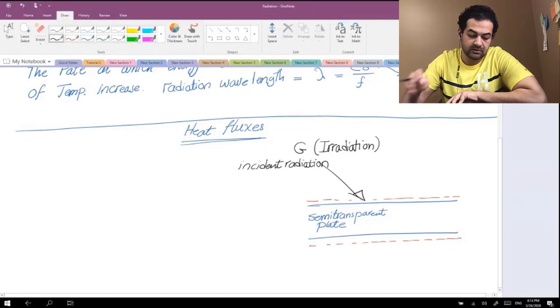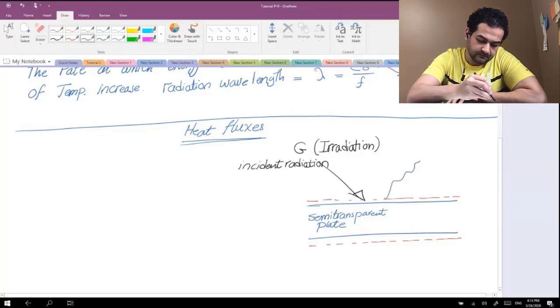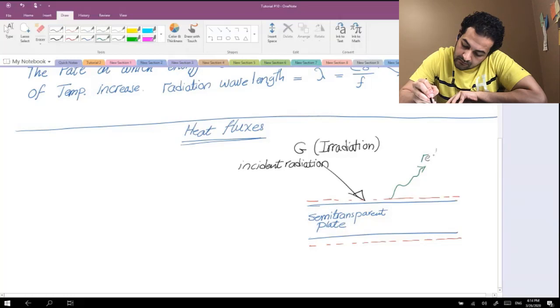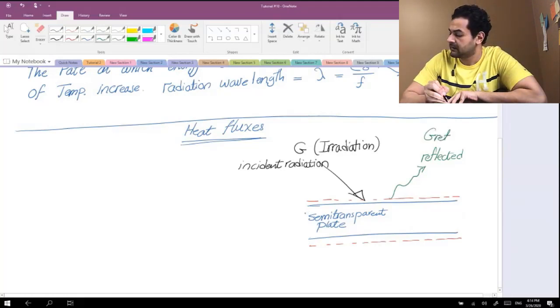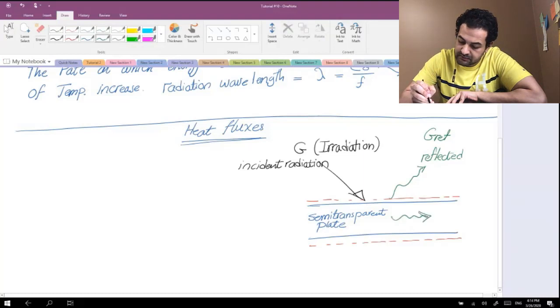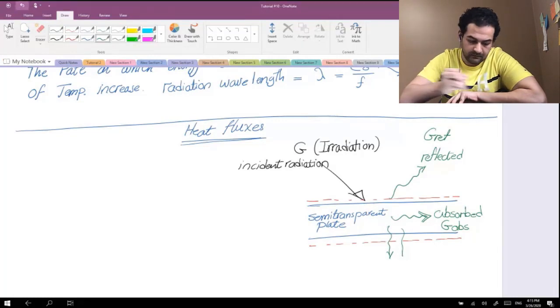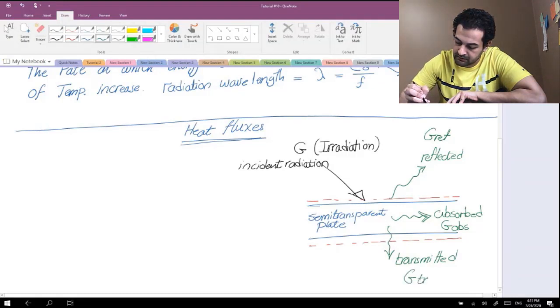All right. And what happens to this incident radiation is that it is either reflected, and we give it G reflected, or absorbed, and we call it G absorbed, or transmitted, and we give it the name G trans.